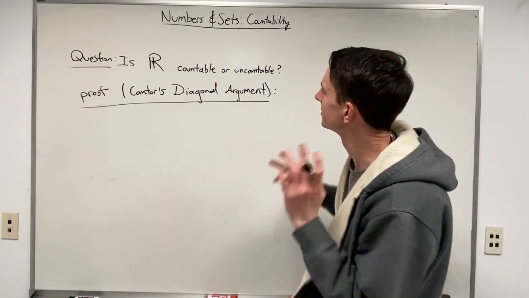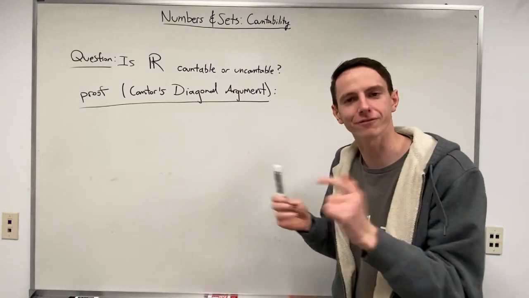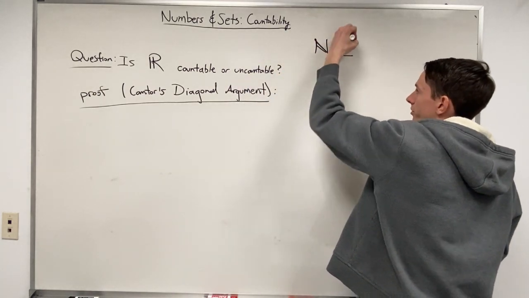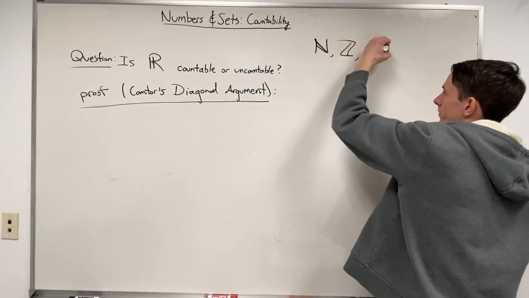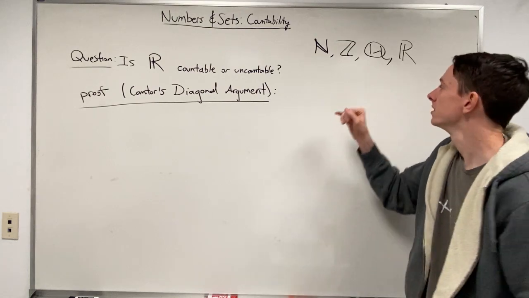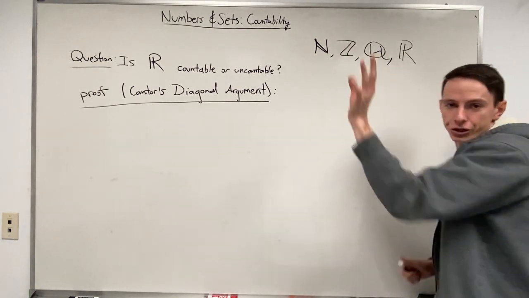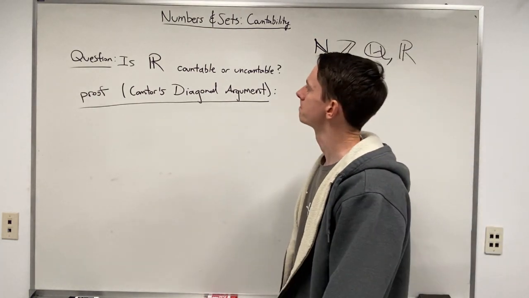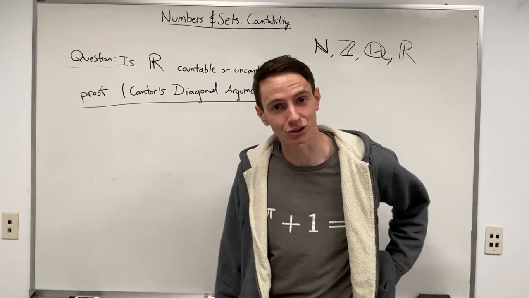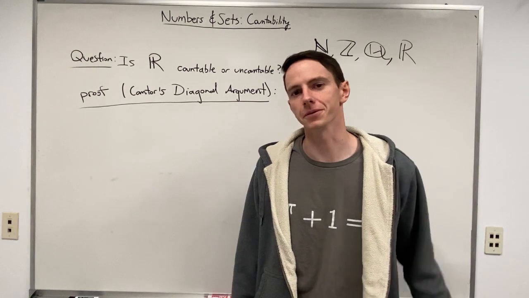Okay, on to the final, I shouldn't say the final set, but out of the common number systems that we've been working with, the naturals, the integers, the rationals, and the reals, this is the last one, right? Up until this point, N, Z, and Q have all been countably infinite. So every set that we've looked at so far seems to also be countably infinite.